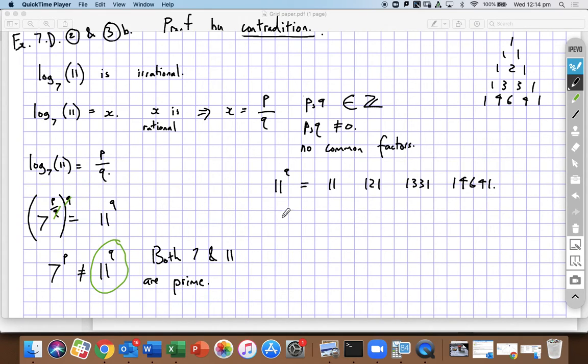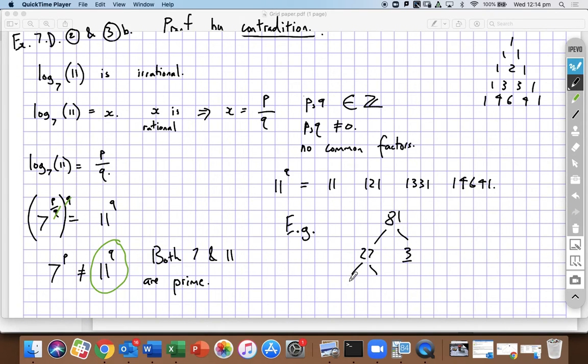If I give you an example of a different number, 81, just think of its factor tree. Maybe we could do 27 times 3 is 81, and there's a prime factor there.